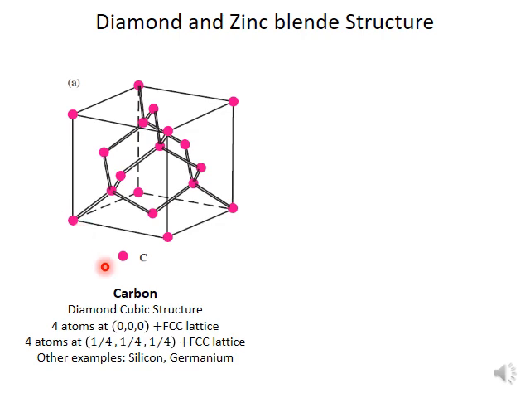So in this case, this structure is that of a diamond. All the atoms are carbon. A similar structure is formed also by silicon, which is another very important material for silicon technology and IC circuits.